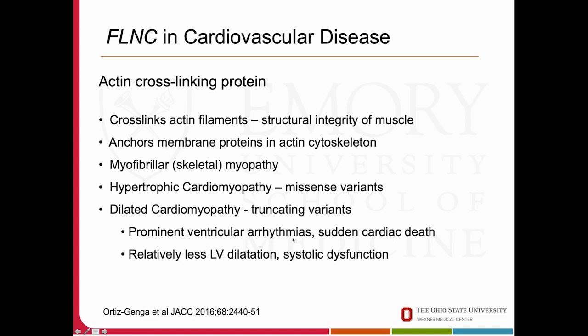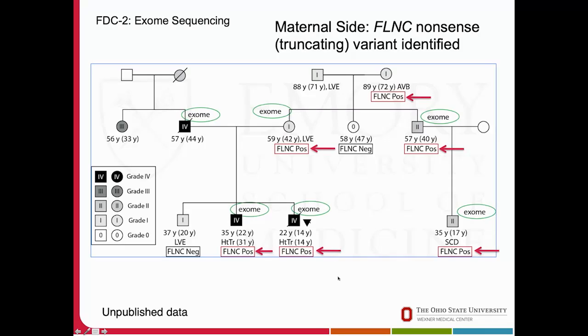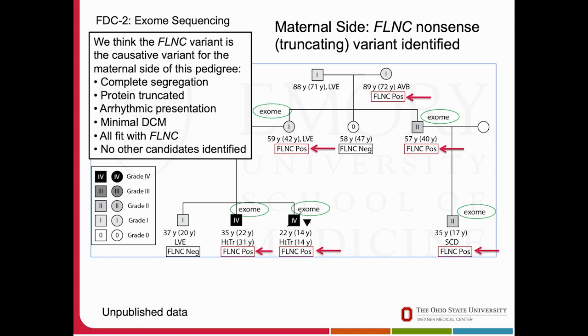Very prominent ventricular arrhythmias with sudden cardiac death, which fits with this family, at least the dad and the son, and then relatively less dilatation and systolic dysfunction. So we think that FLNC actually explains the maternal side of the family.